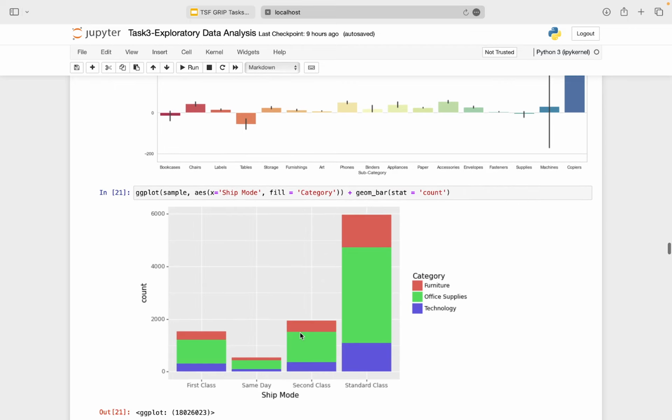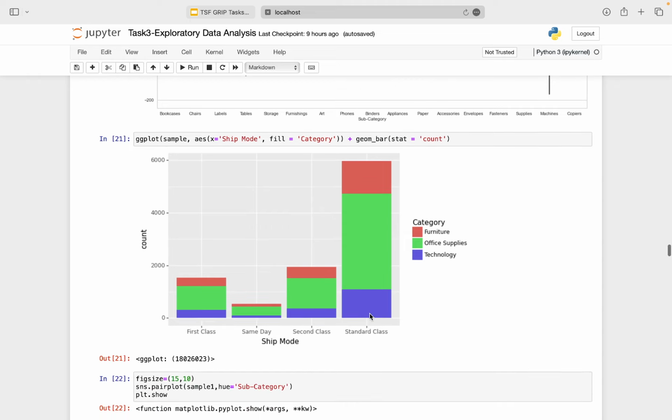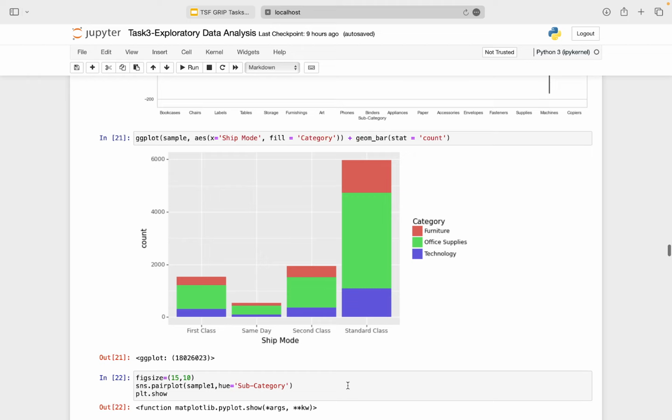Next, we find the ggplot of the categories furniture, office supplies and technology, using the ship mode, that is first class, same day, second class or standard class. From this, we can infer that the maximum number of products in any category, that is furniture, office supplies and technology, are preferably transported using standard class.